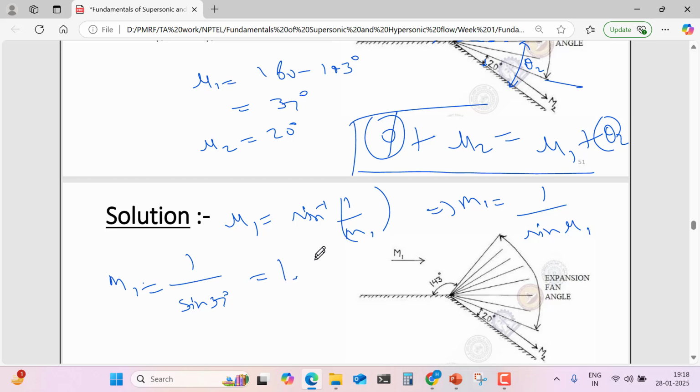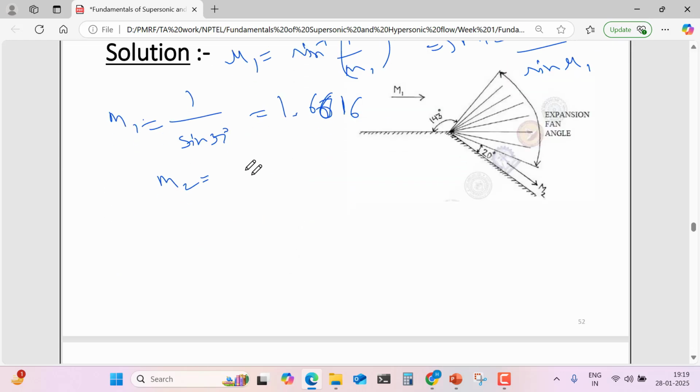This will be 1.6616. Similarly, m2 will be 1 upon sine mu2, 1 upon sine 20 degrees, which will be 2.9238.